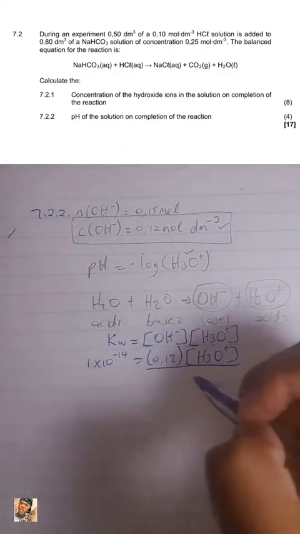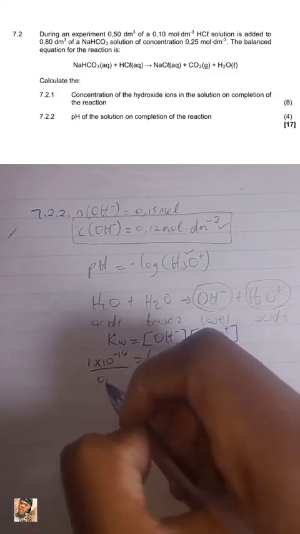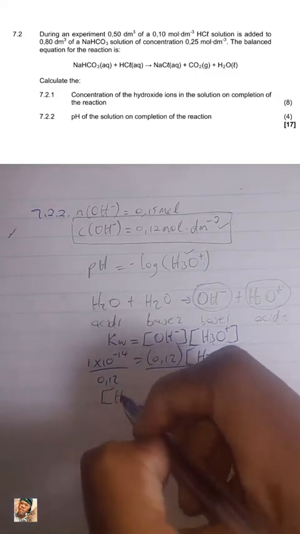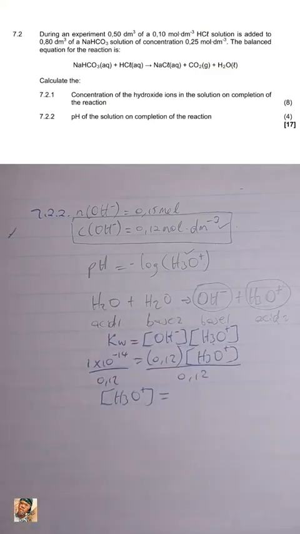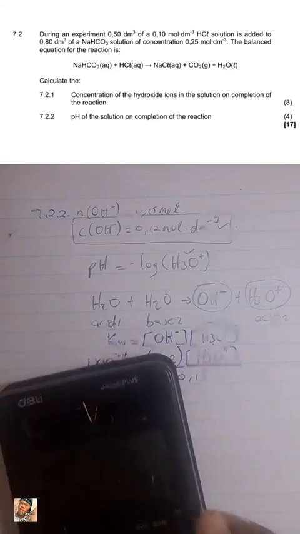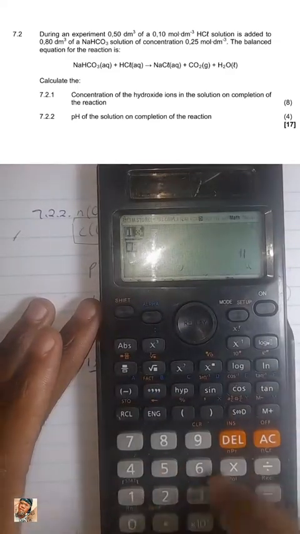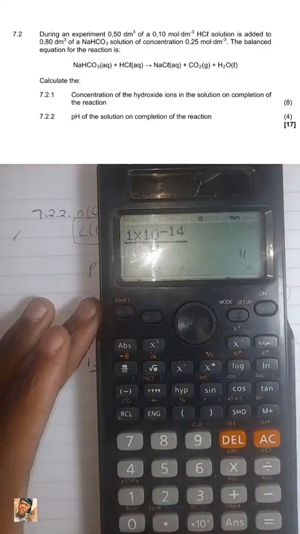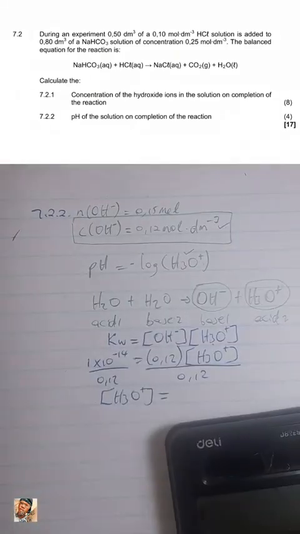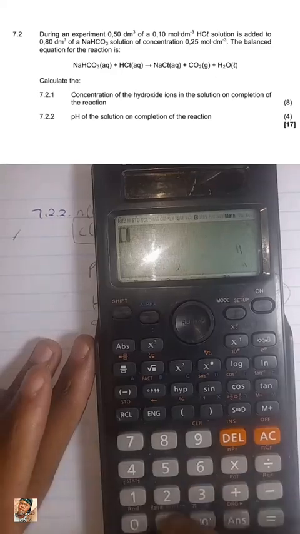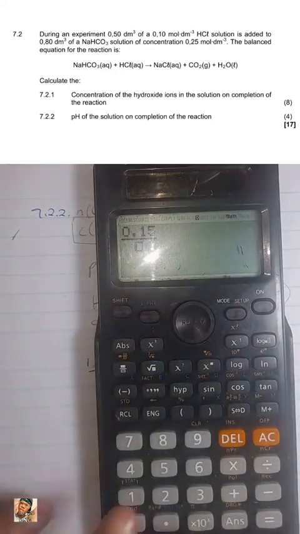So we're going to divide both sides by 0.12. Therefore, the concentration of the hydronium ions is going to be equal to, then we're going to press our calculator: 1 times 10 to the power negative 14 divided by the answer. What was the answer there? Let me just say 0.15 because I don't want to convert anything, divided by 1.3.